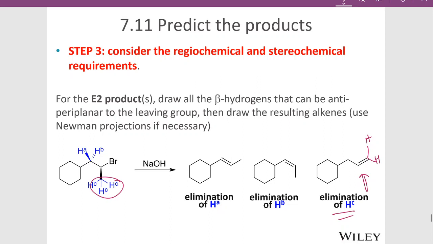But elimination of HA gives us the trans product, and elimination of HB gives us the cis product. So since we have two hydrogens next door on that beta carbon, we can get both cis and trans as possibilities. So all three of those can result from E2.